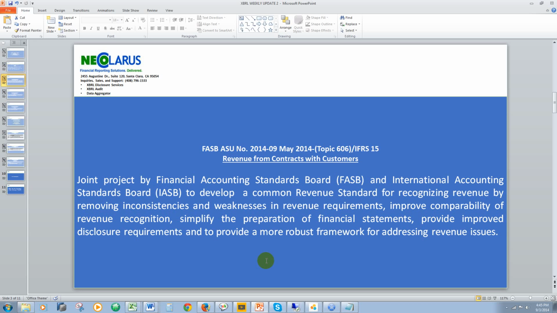The basic benefit gained from this exercise was that it removed inconsistencies and weaknesses in revenue requirements, and that was the basic objective.